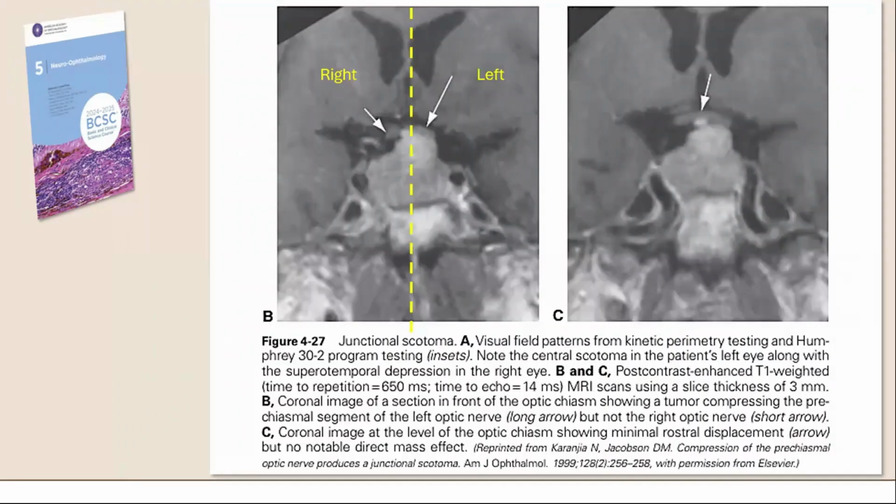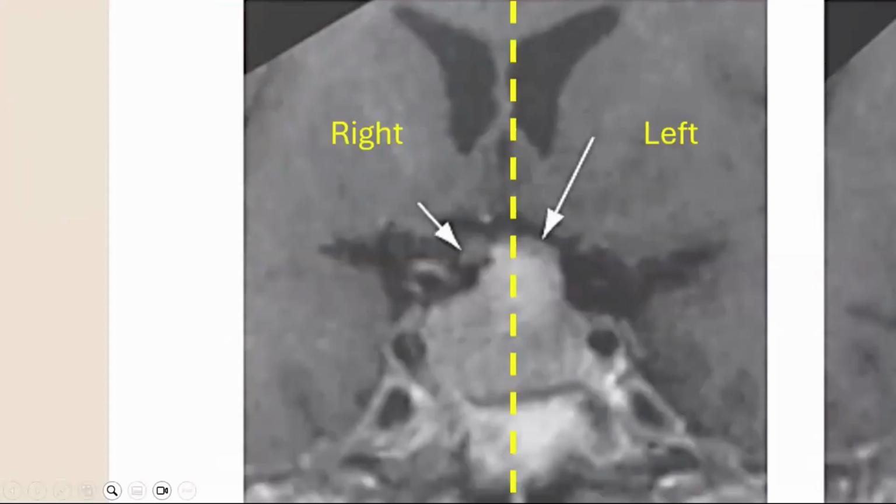And this is, by the way, from the American Academy, and this is a neuroimaging MRI of the previous case. As you can see here, this is the right side and this is the left side. The mass here is compressing the distal part of the optic nerve. But if I enlarge this, the cross-section of the optic nerve is quite good here.